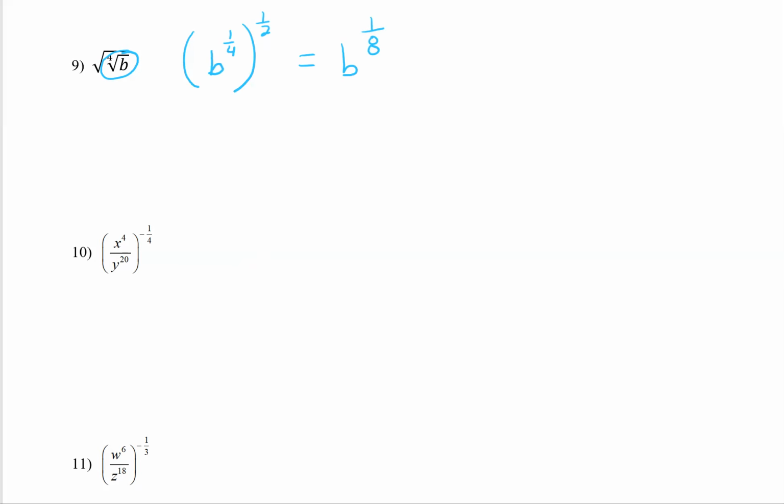Number 10, we have a negative exponent. And so I'm going to flip the fraction, which will make the outside exponent positive. Now I have a power to a power. I can multiply and simplify.